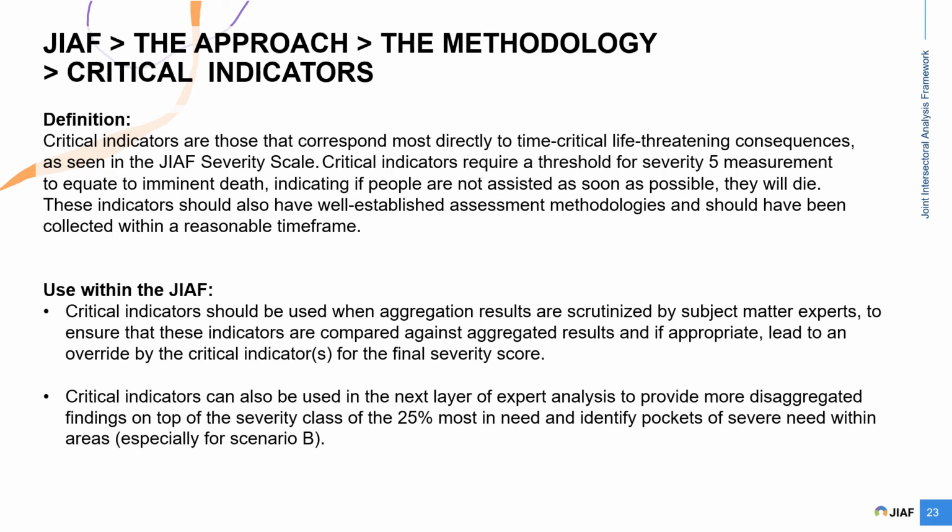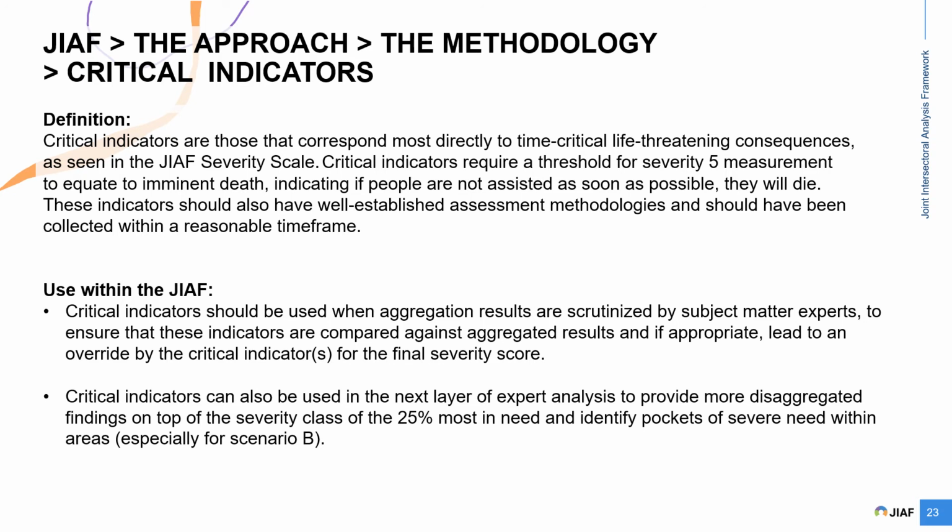The selection of critical indicators is an important step in developing a JIAF severity model that can appropriately capture and classify high severity levels. Identifying critical indicators will be important when it comes to aggregation and overall severity classification.